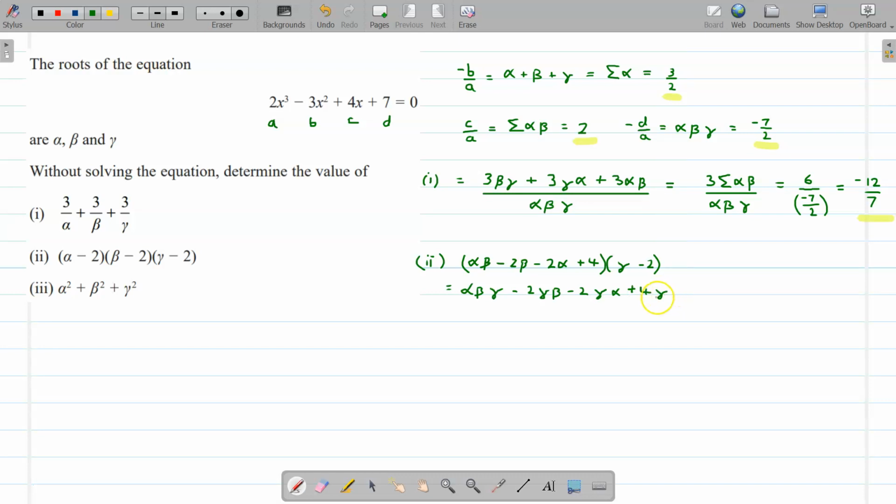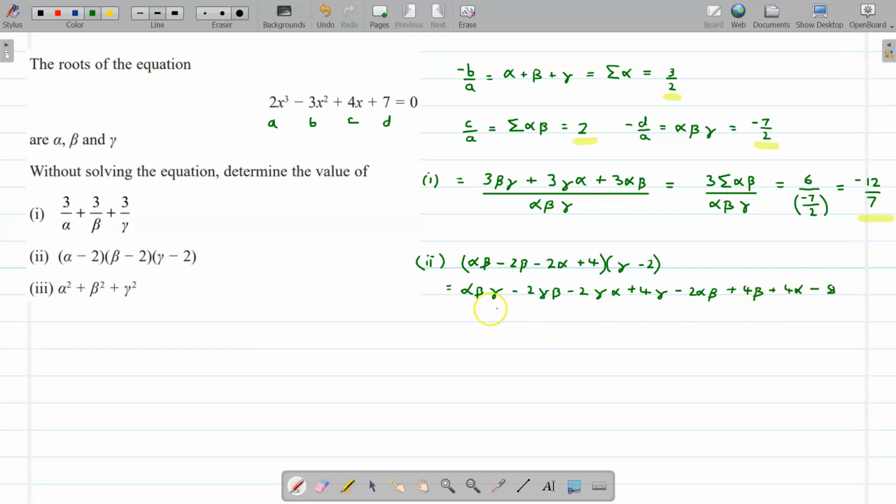And then I'm going to have minus 2 alpha beta and plus 4 beta plus 4 alpha, and there'll be a minus 8 as well.